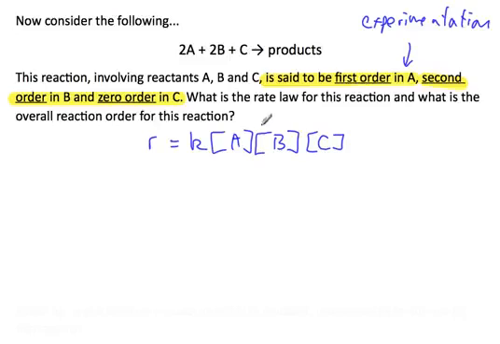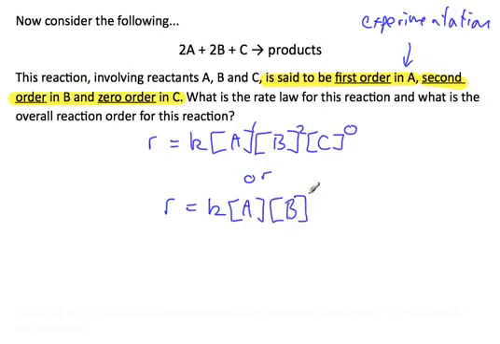So first order in A, so that's a 1. Second order in B, that's squared. Zero order in C, that's a 0. Now, there's another way to write that, and it's a little simpler, and it should make sense to you. R equals k. So concentration A, well, raise anything to the power of 1, and what do you get? You get the same thing. So concentration of A will not change when it's raised to the power of 1.